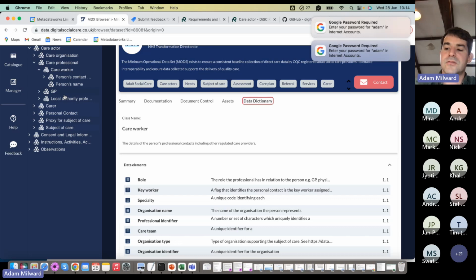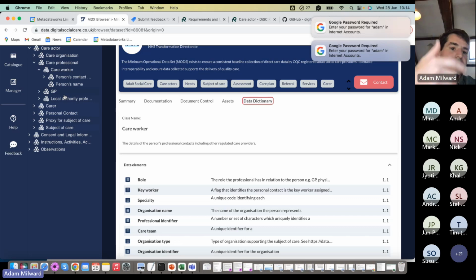So I think the advice we had around that was that care workers are paid, carers and personal contacts are not. So the moment you become paid, you become a care worker, and I think that's part of the Health and Social Care Act. So a carer is an unpaid person, and a personal contact would also be unpaid.